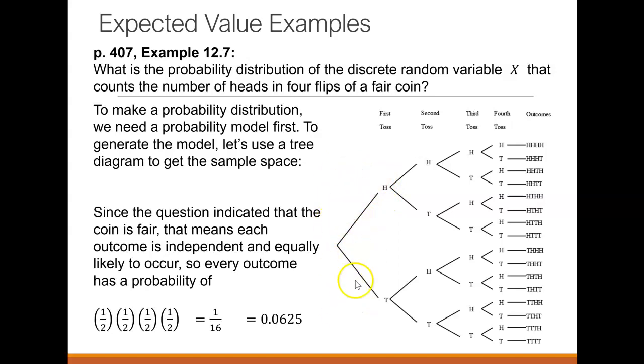There's a 1/2 on each of these, and a 1/2 on each of those. So every branch of our tree is a 1/2 probability. So any path I do is going to be 1/2 times 1/2 times 1/2 times 1/2, or 1/16 or 0.0625. So every one of these outcomes has the same probability.